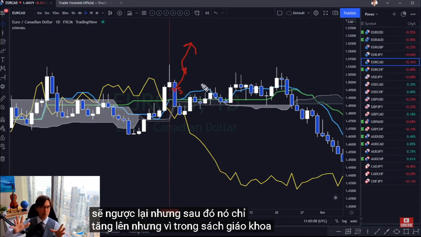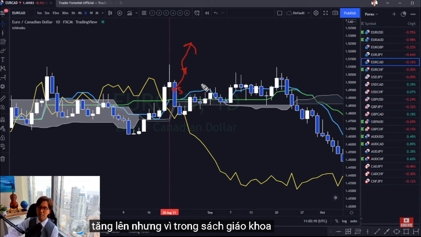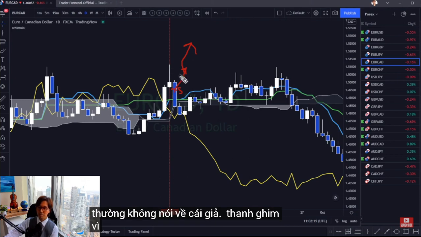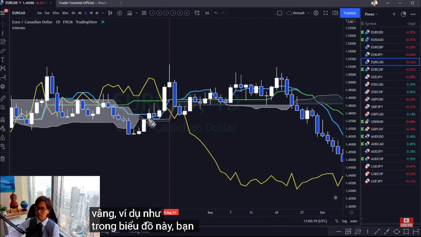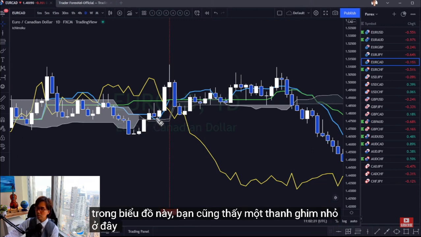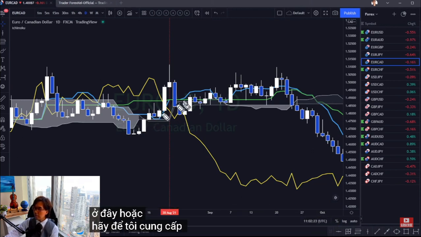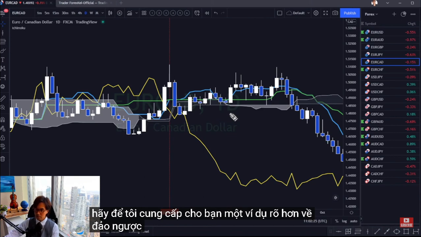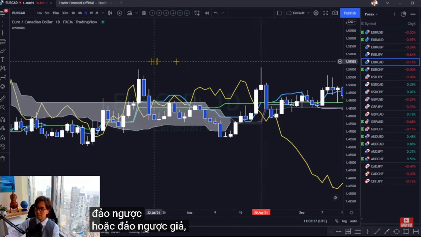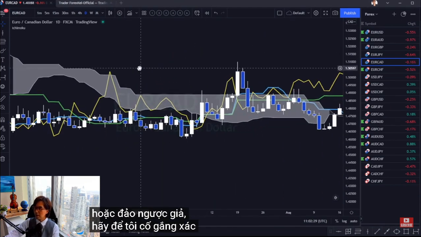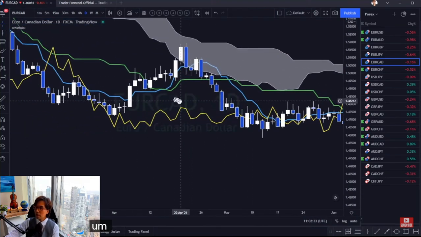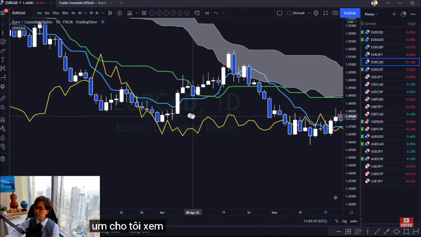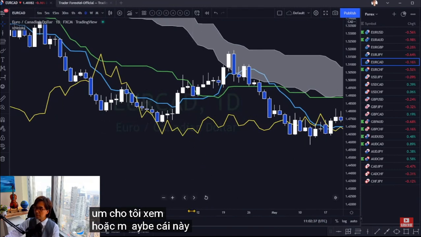In the textbook, usually it doesn't talk about the fake pin bars. For example, in this chart, you see a little pin bar here too. Let me give you a better example of the fake reverse, so let me try to identify which one was a fake pin bar. Maybe this one.